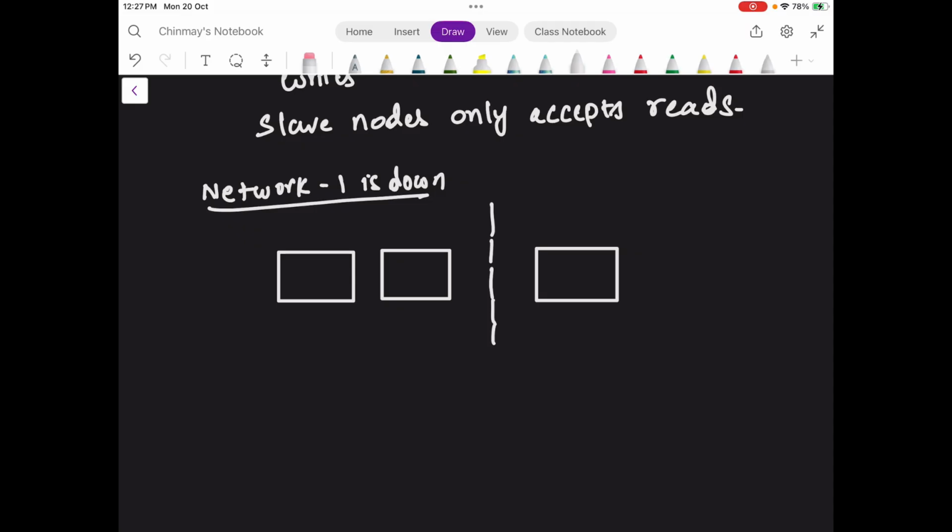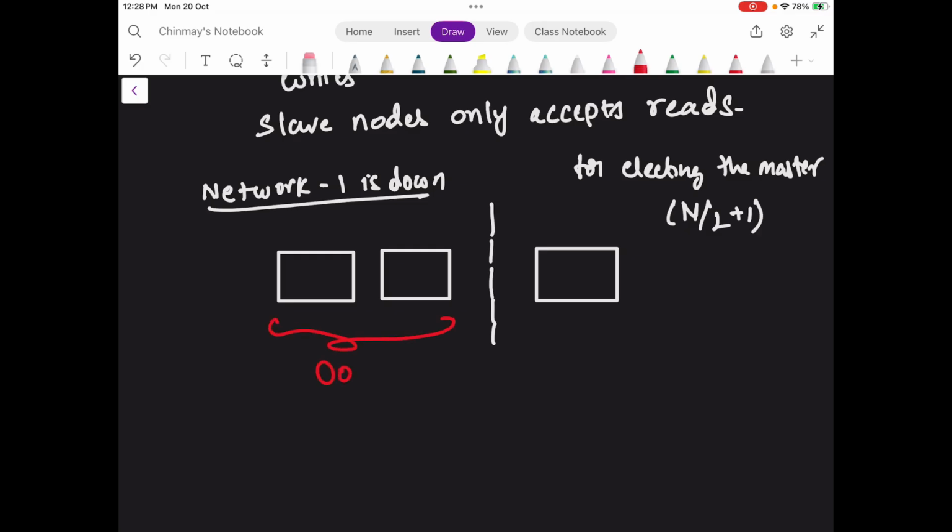What happened? We have 3 nodes. For electing the master, it should maintain the quorum level, that is n by 2 plus 1. If network 1 is completely down, only this is up.